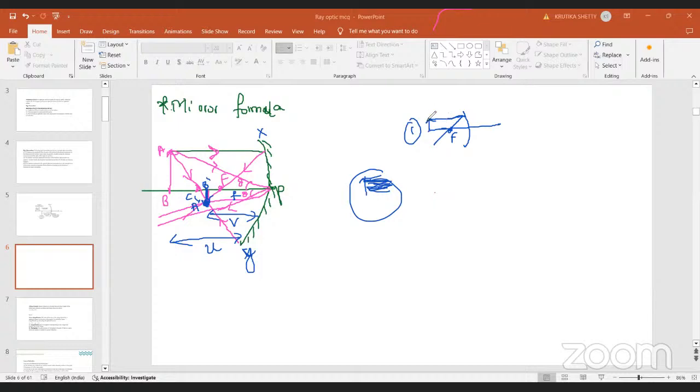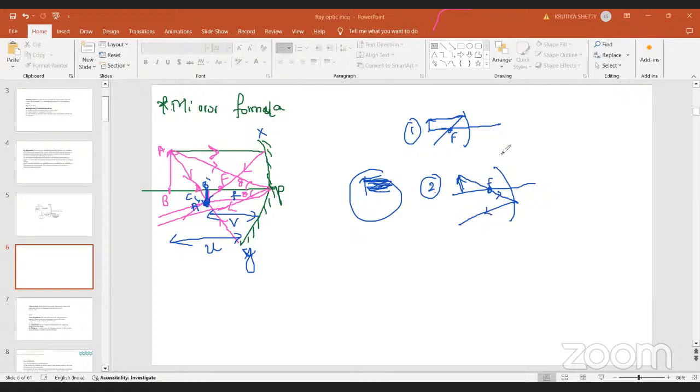The rays which are parallel to the principal axis always pass through the focus after reflection. The second law is the reverse: the ray from the object which is passing through the focus, after hitting the mirror and reflecting, goes parallel to the principal axis.